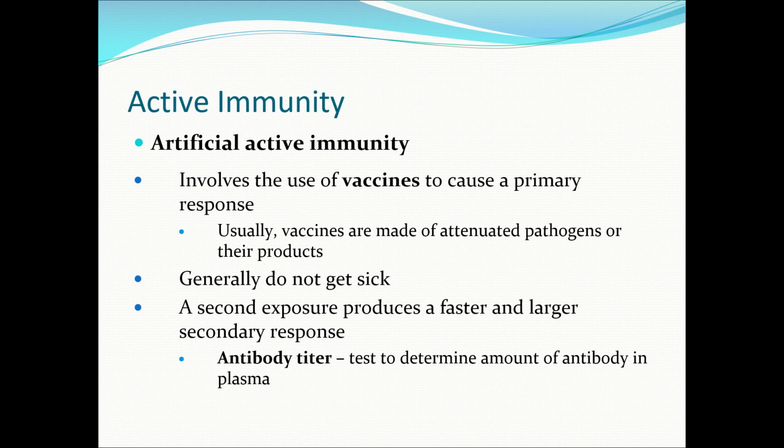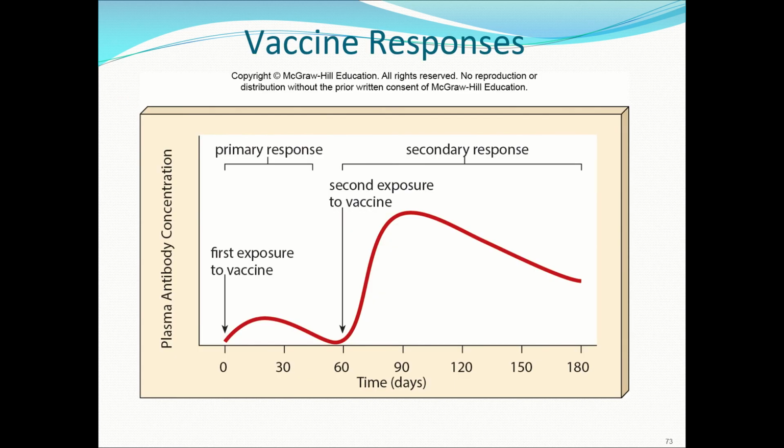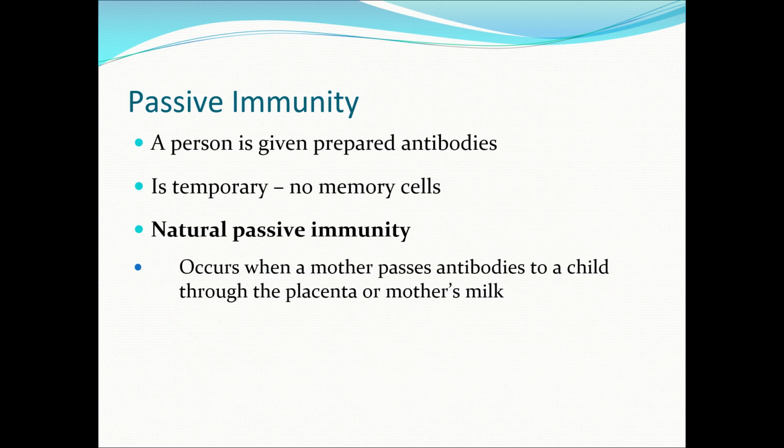The antibody titer is a test that's used to determine the amount of antibody in the plasma. And this shows the vaccine responses and how it will increase the antibody titer. So in passive immunity, a person is given prepared antibodies.